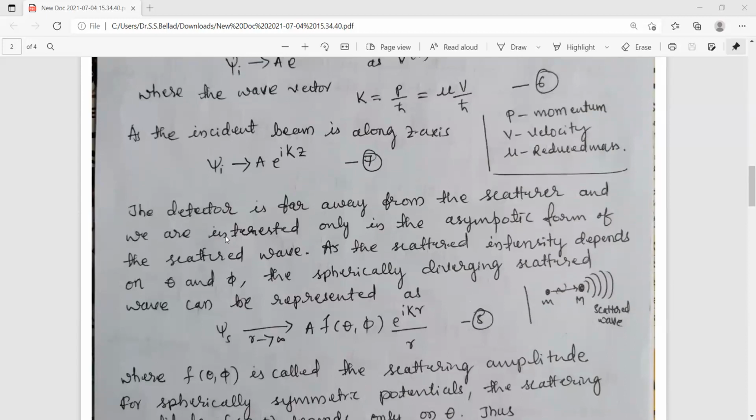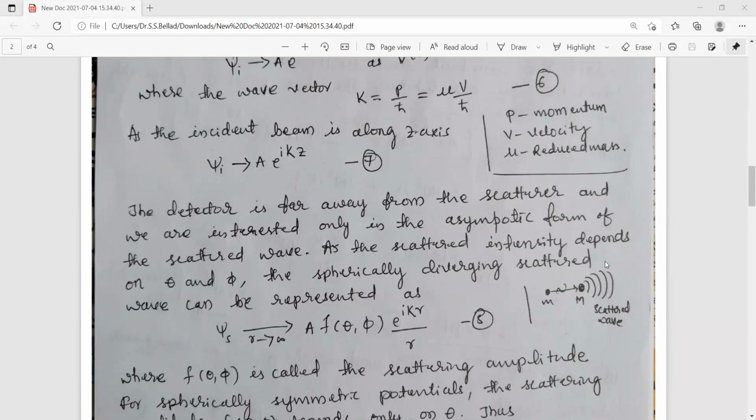And we also assume that the detector is far away from the scatterer. That means in the two particle system, this is the incoming particle, this is the scatterer. And here we have to place a detector. After this scatterer, we have to place a detector in order to detect the scattered waves.